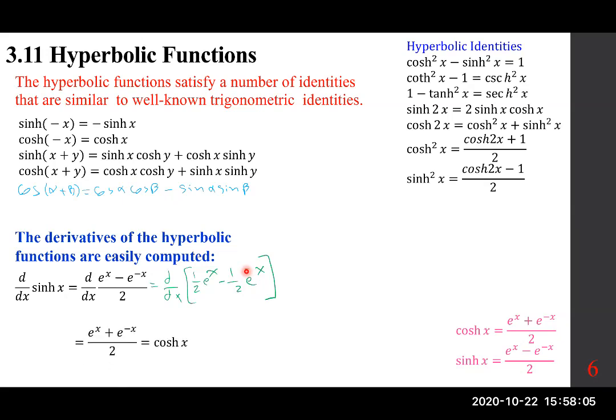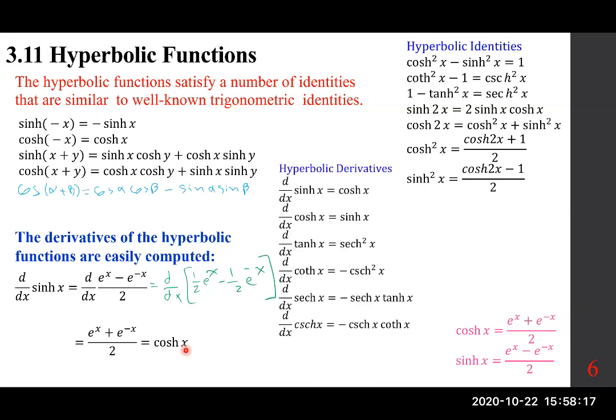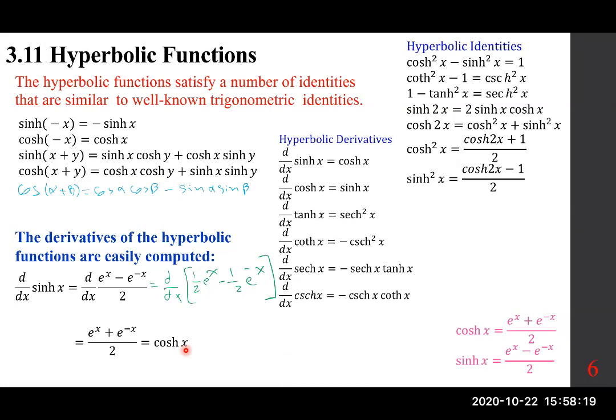So you end up with this. Now, what is this? This is the definition of cosh. Remember the derivative of cosine was negative sine, but that's not the way it works here. This is another example which is different. The derivative of sine was cosine, so the derivative of sinh is cosh. The derivative of cosine was negative sine, but over here it's sinh. And the proof is very simple. I highly recommend you do this.